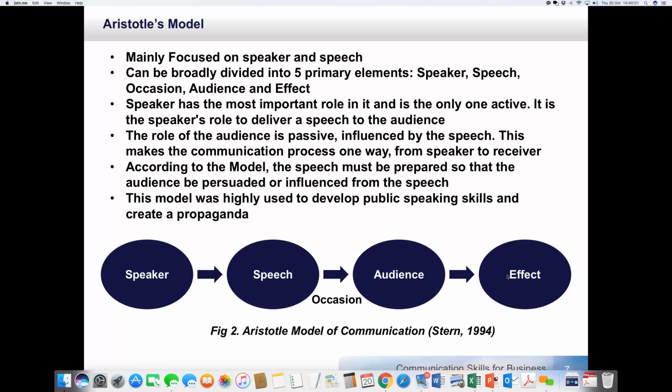A good example of this that I would like to give is the presidential debates which happen in the United States, the last one of which was broadcast live yesterday.